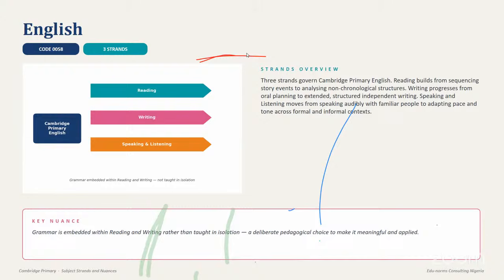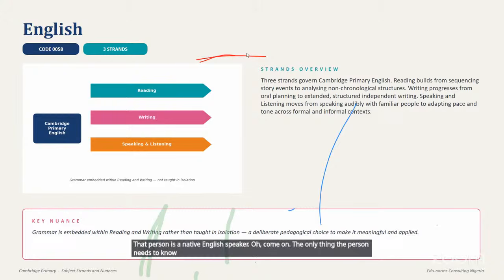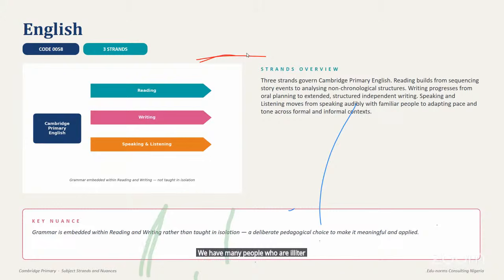The nuance is that anyone who speaks English as a first language is a native English speaker. The only thing the person needs to know is that you can be able to speak a language and not be able to read it. We have many people who are illiterate, who did not go to school at all.